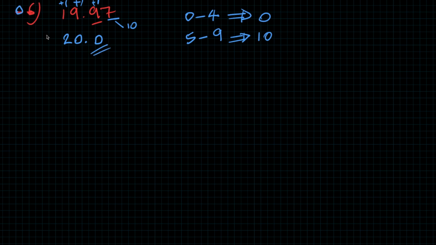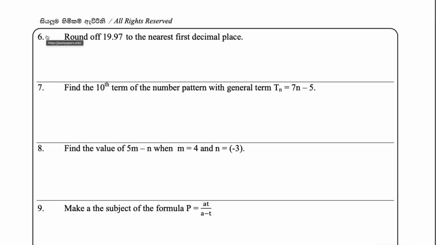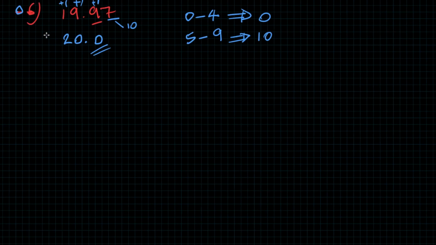Okay. Next question. Find the 10th term of the number pattern with general term Tn equals 7n minus 5. This is again a very easy one. So the number 7. The pattern is Tn equals 7n minus 5.